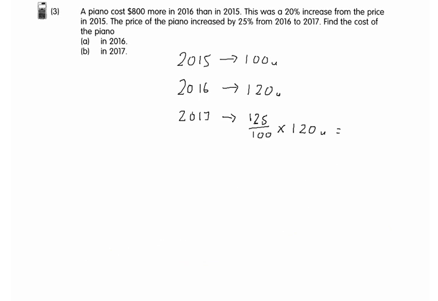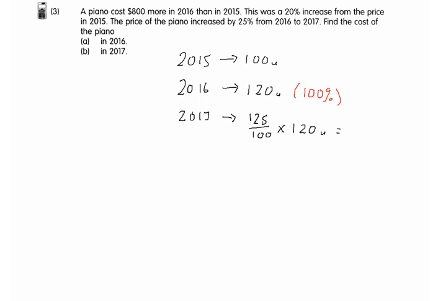Now, some of you were asking me how come it's 125 over 100 times 120 units? Because you know this 120 units is actually 100%, right? Yes or no?